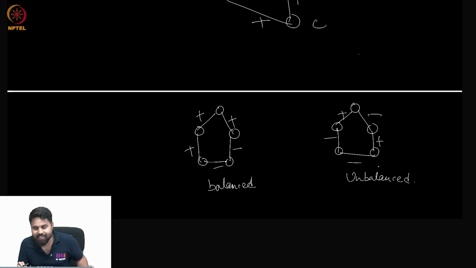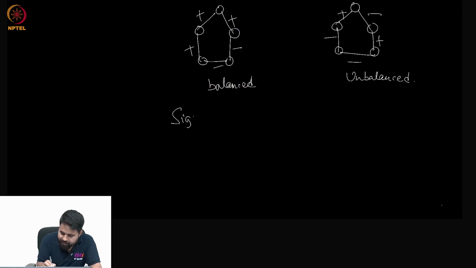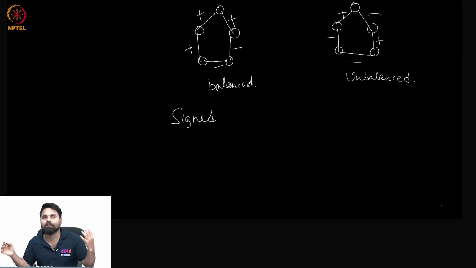Now from cycles, we generalize this concept to graphs. Now here come the signed graphs. We have already said that signed graphs are the graphs where the edges can be negative edges and also plus edges. So in a signed graph there are plus edges and minus edges. So what are balanced signed graphs?